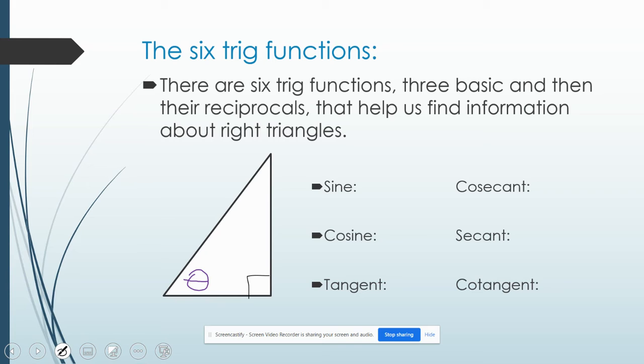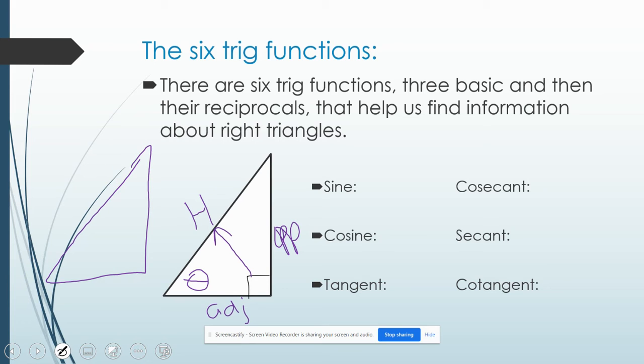If my angle theta is down in the lower left-hand corner, then I have my hypotenuse that's opposite that right angle, always going to be there, never going to change. The opposite side is going to be our leg over on the right, and the adjacent side is going to be the leg at the bottom. It's adjacent because it's touching our angle theta.